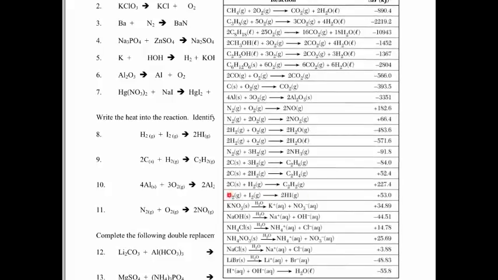It looks just like it does here, so we're not going to have to worry about switching signs or anything. And you can see that the delta H given is positive 53. Whenever the delta H is positive, the heat is actually going to be a reactant. So I'm going to put my 53.0 kilojoules as one of my reactants.